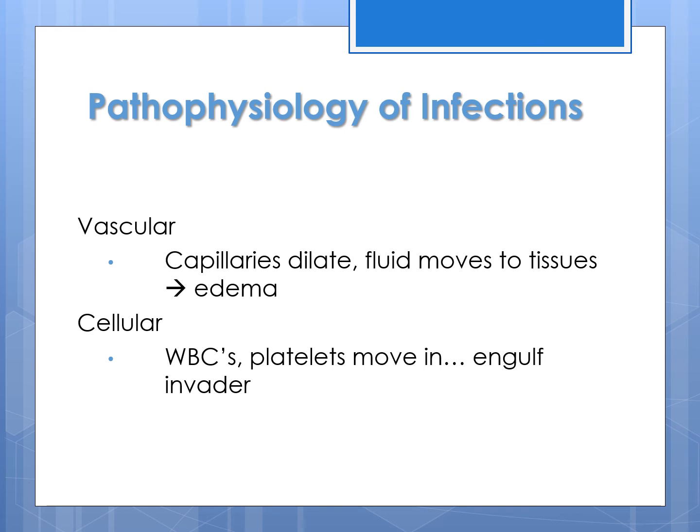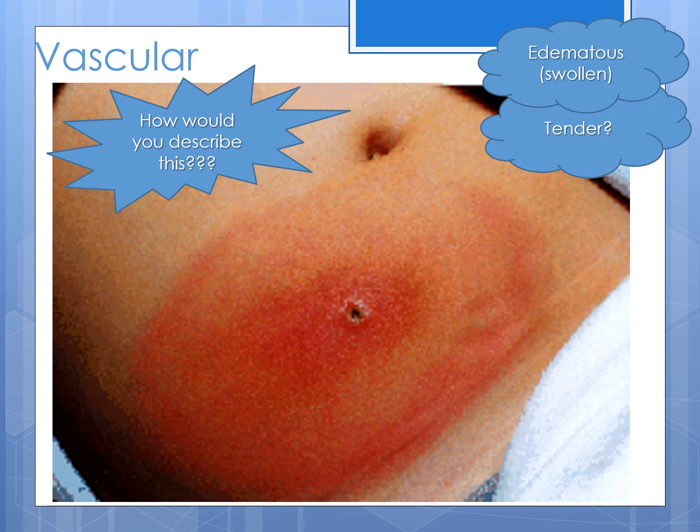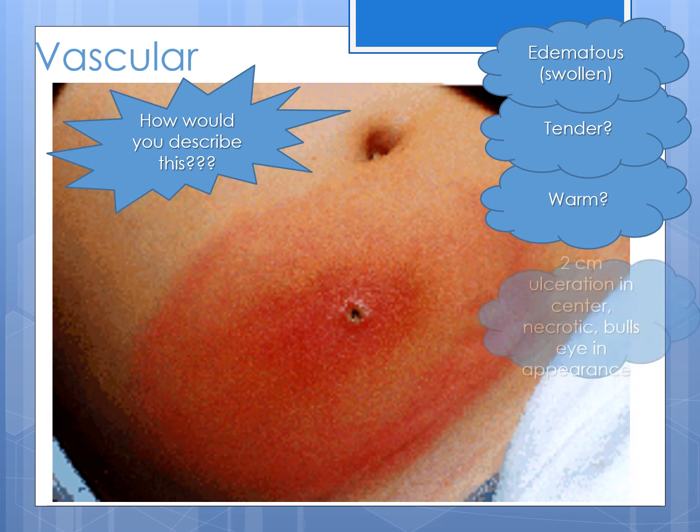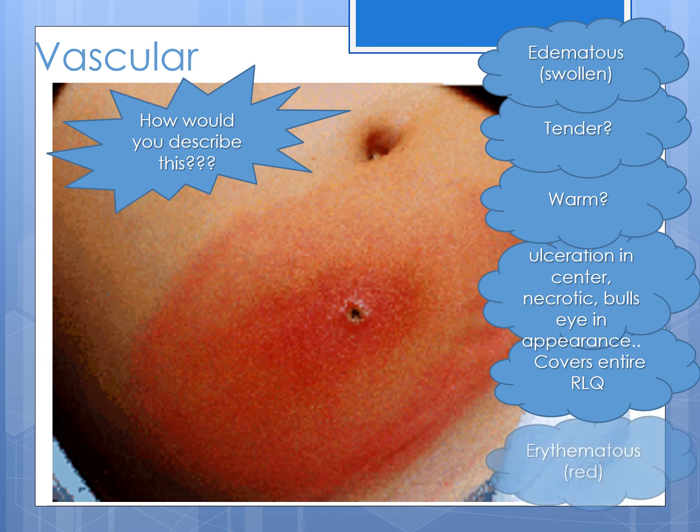Normal white blood cell count is 4,500 to 11,000. It's edematous or swollen, it's tender, it's warm, and covers the entire right lower quadrant, and it's erythematous or red.